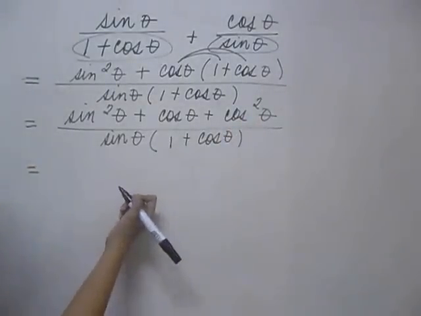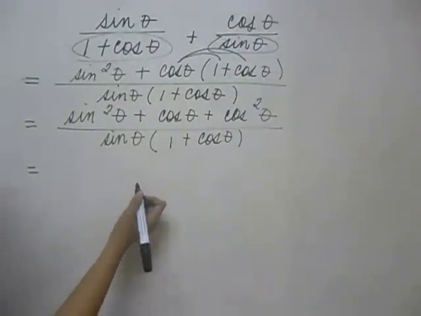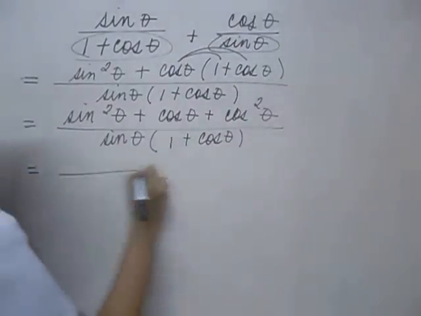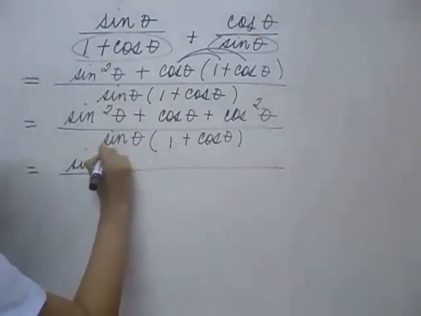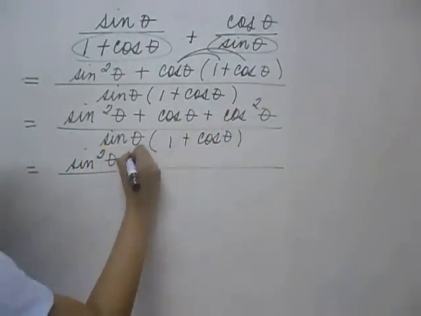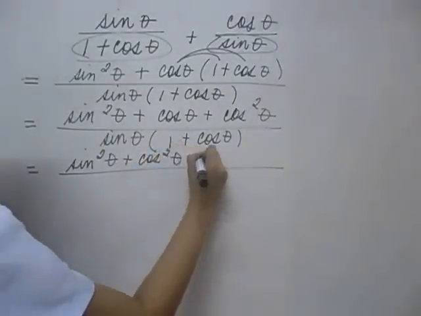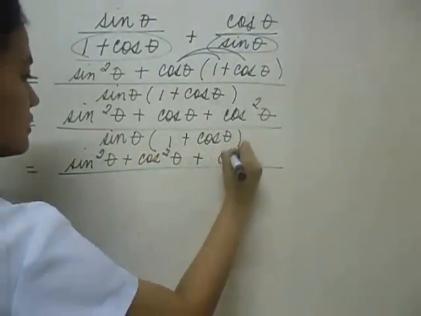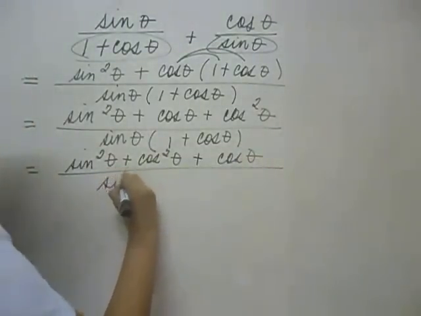Isn't it that addition is commutative? Therefore, we can rearrange the numerator into sin squared theta plus cosine squared theta plus cosine theta. Then copy the denominator.